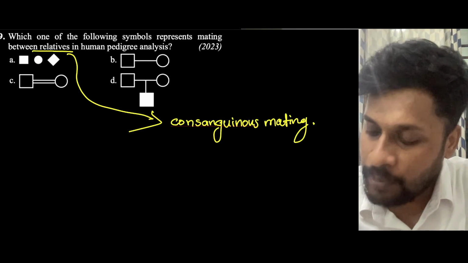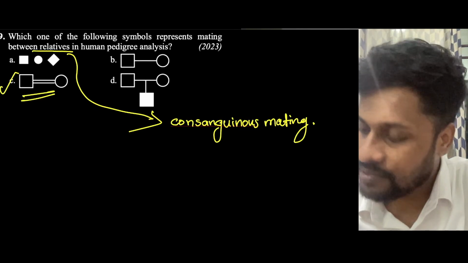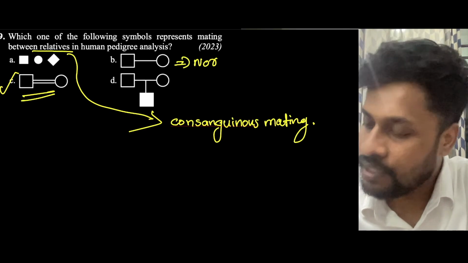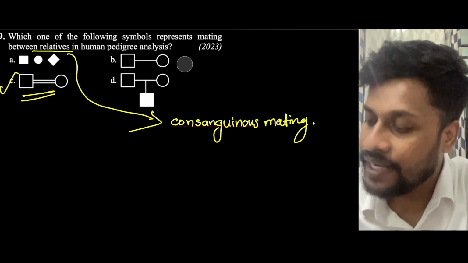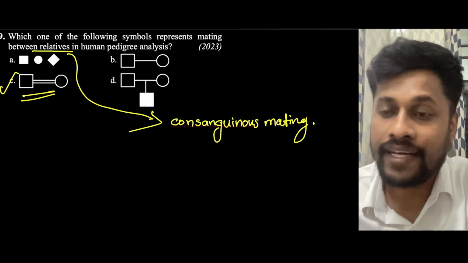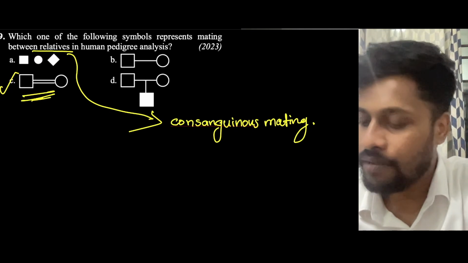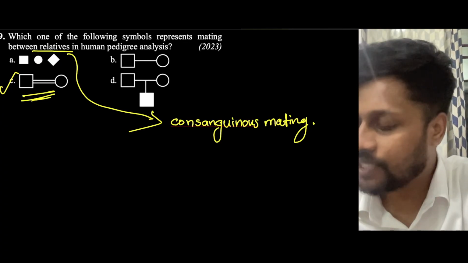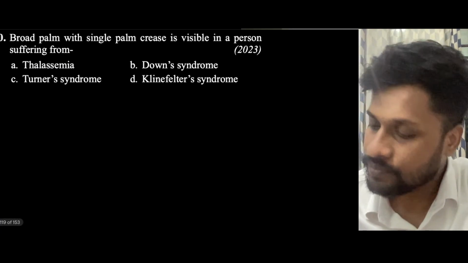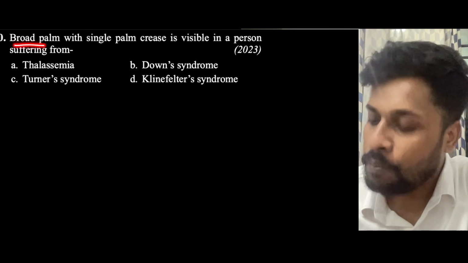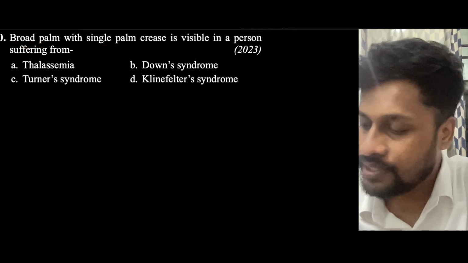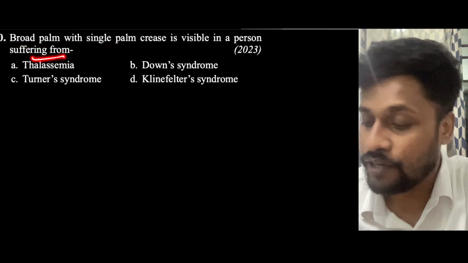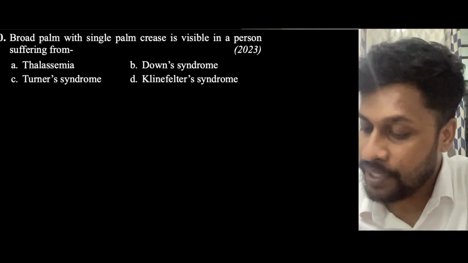Yeah, answer will be C, right? This is normal mating, which means mating between unrelated individuals or unrelated families. This is within the same family or relatives. Consanguineous mating. Very good.